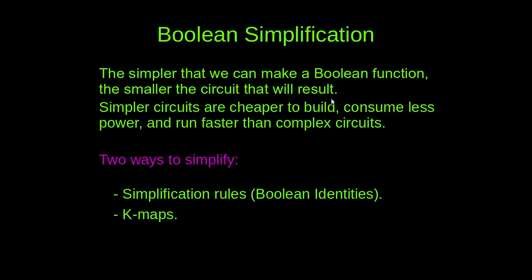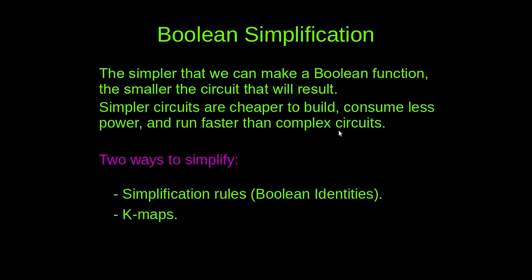Lower number of gates meaning price went down, and heat is also an important factor. And smaller circuits are usually faster. Simple circuits are cheaper to build, with fewer gates, consume less power, and run faster than complex circuits. That's why simplification is really important.